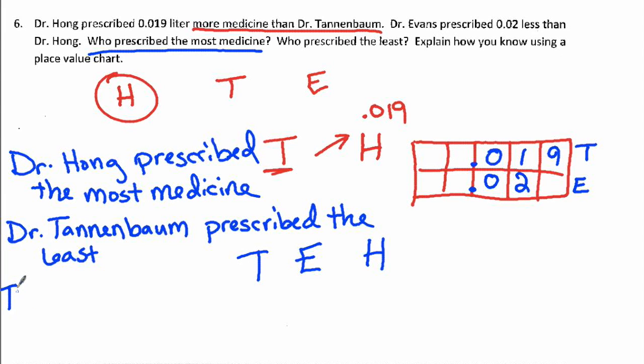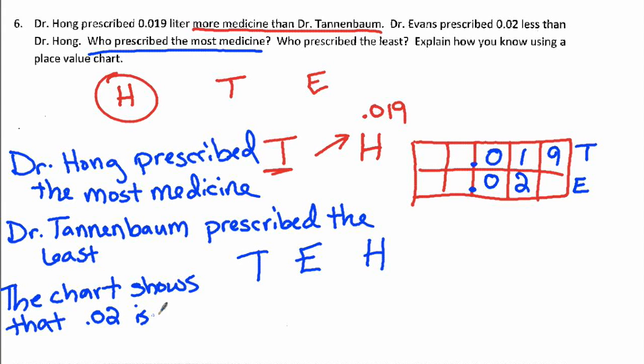So the chart shows that 2 hundredths is greater than 19 thousandths. Well, I don't even have to write that.